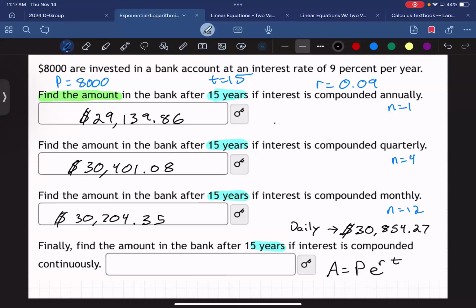All right. .09 divided by what? And it's divided by 1 that time, right? But not all of them are going to be just 1. Yeah, divided by 1, and then 1 times 15 is our exponent.